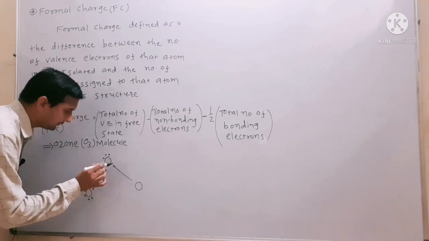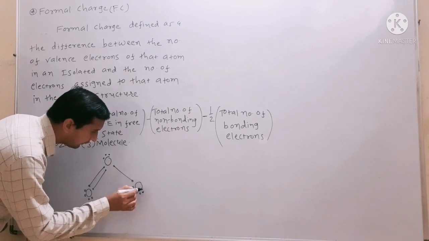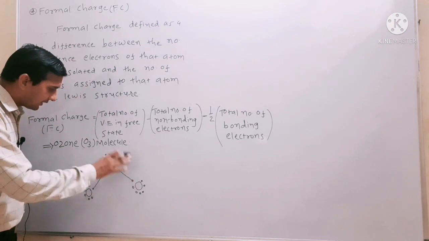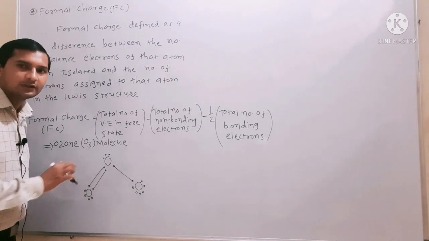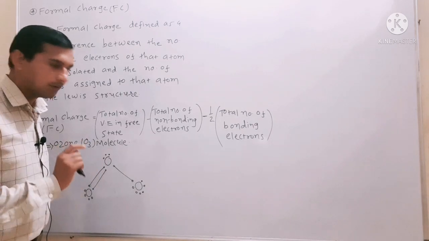Here one electron, 1, 2, 3, 4, 5, 6 and 7. This is the structure of ozone. It is called the Lewis dot structure of the ozone molecule.